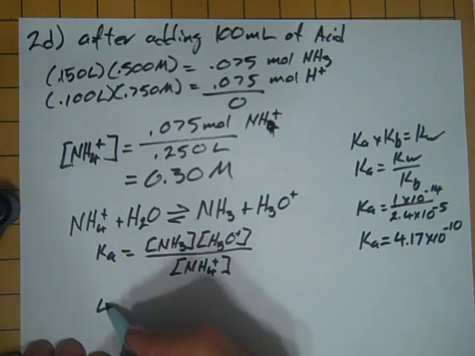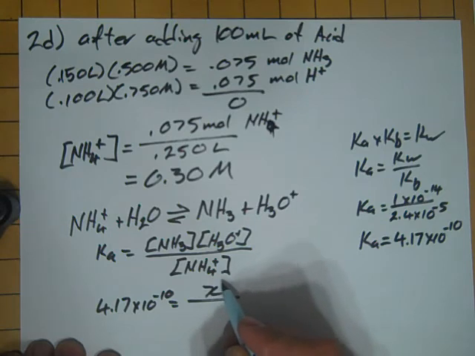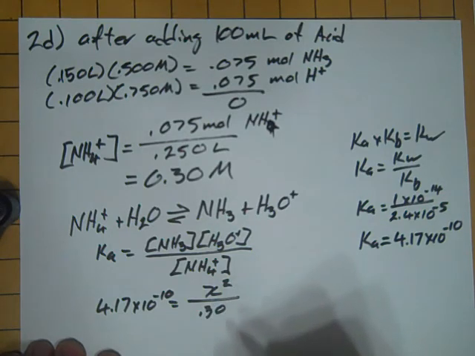So 4.17 times 10 to the minus 10 equals x squared over 0.30.